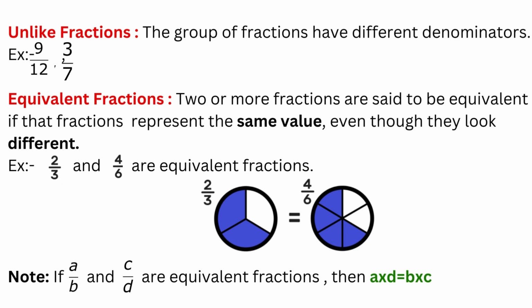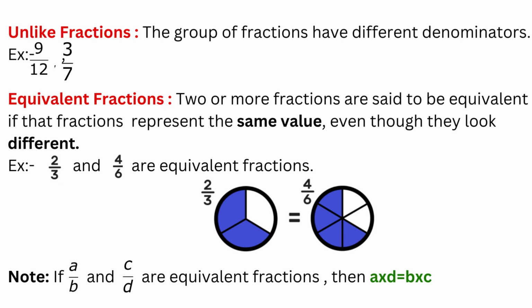Equivalent fractions. Two or more fractions are said to be equivalent if those fractions represent the same value even though they look different. Example, 2 by 3 and 4 by 6 are equivalent fractions. See, we have two circles. The left side circle is divided into three parts and we shaded only two parts, that is 2 by 3.